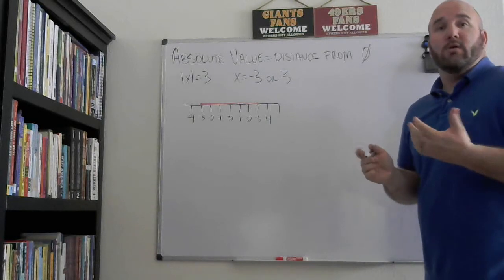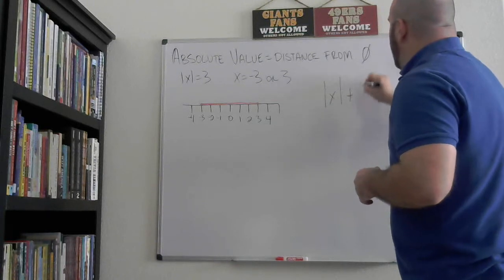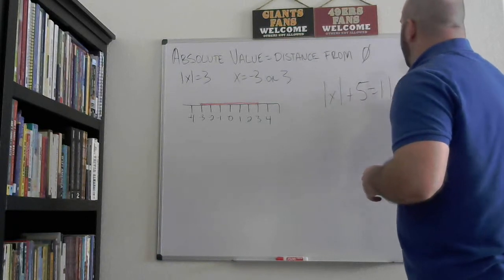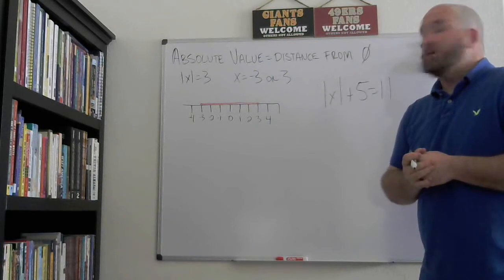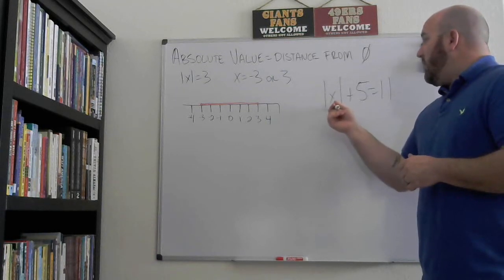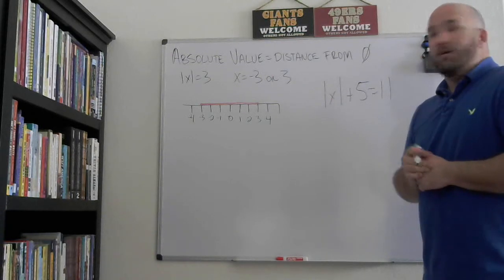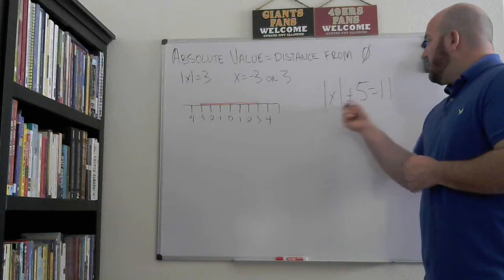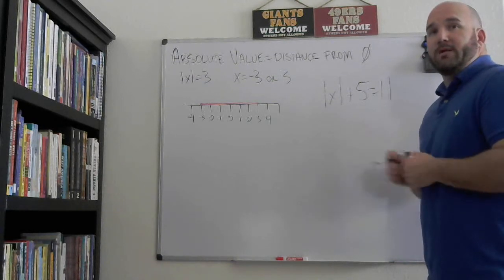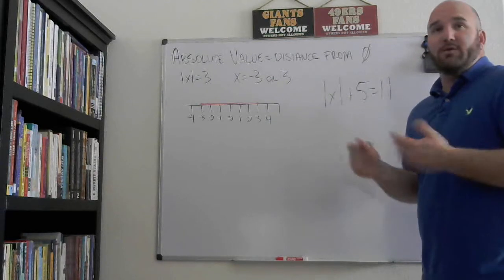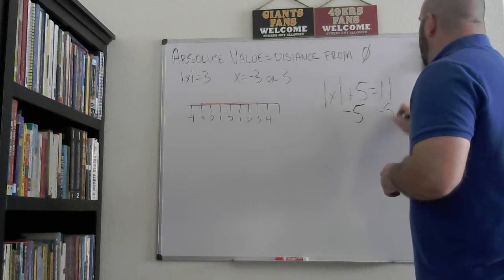The first one was the absolute value of x plus 5 equals 11. Now we're going to solve this equation just like we would solve any other equation. We want to isolate the variable, in this case x, on one side, and the constant on the other. So right now we have our variable and a constant on this side and just a constant on the other. So what do we need to do? We need to get rid of this 5. How do we do that? We subtract it. So we subtract 5 from one side, and what we do to one side we have to do to the other.